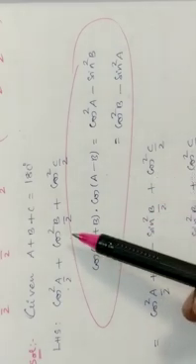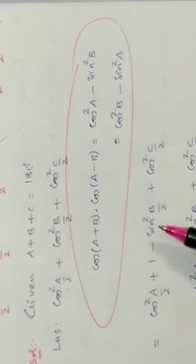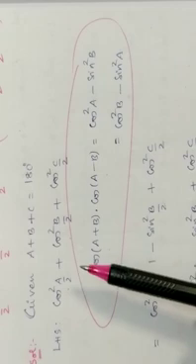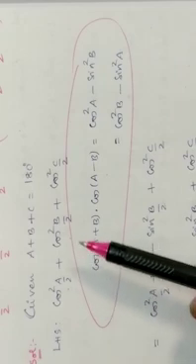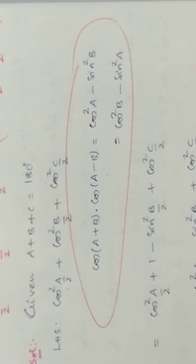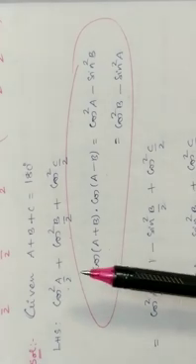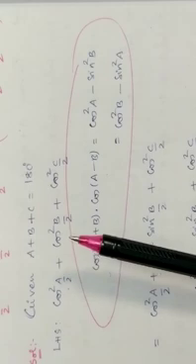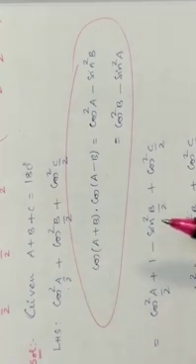Why we have changed this one? Because in between the square terms, you must have minus in between. But whereas here, you are having a plus. So to make it into minus, I applied cos square theta is equal to 1 minus sin square theta replacement.